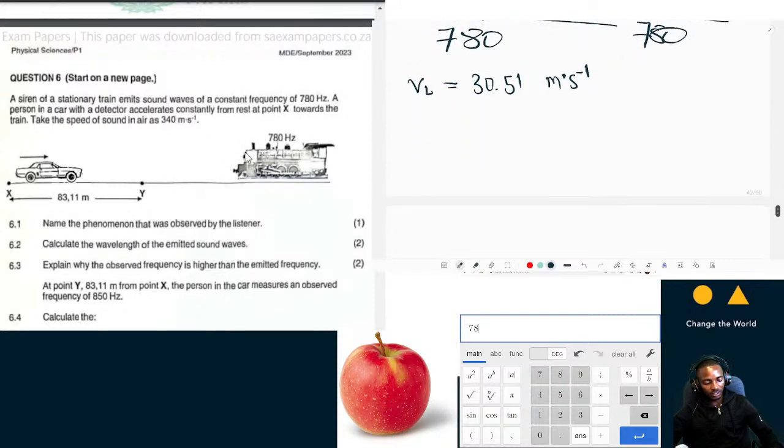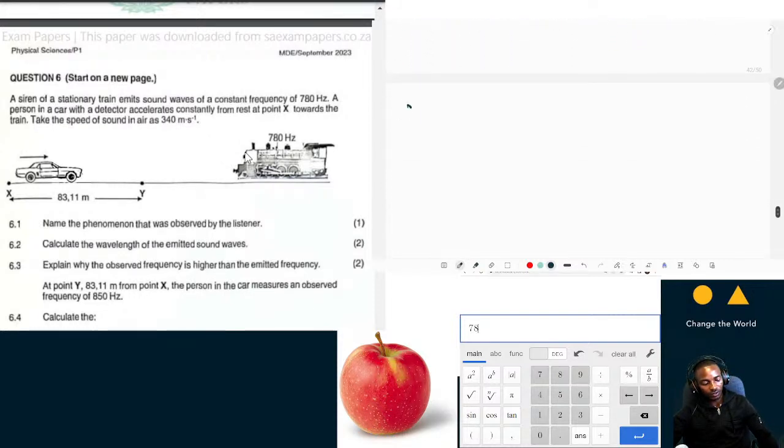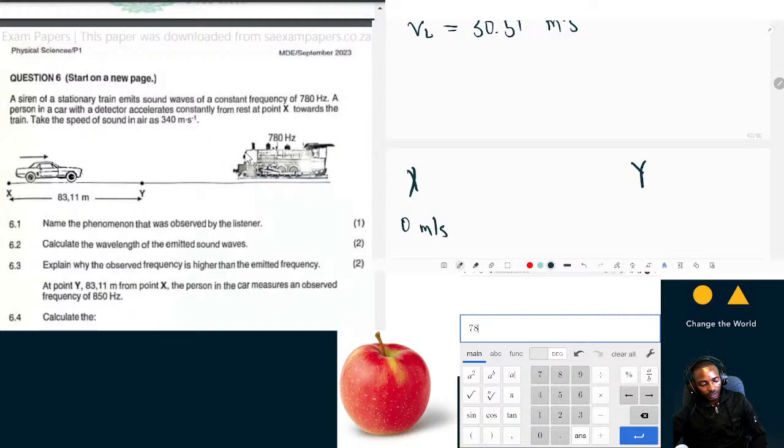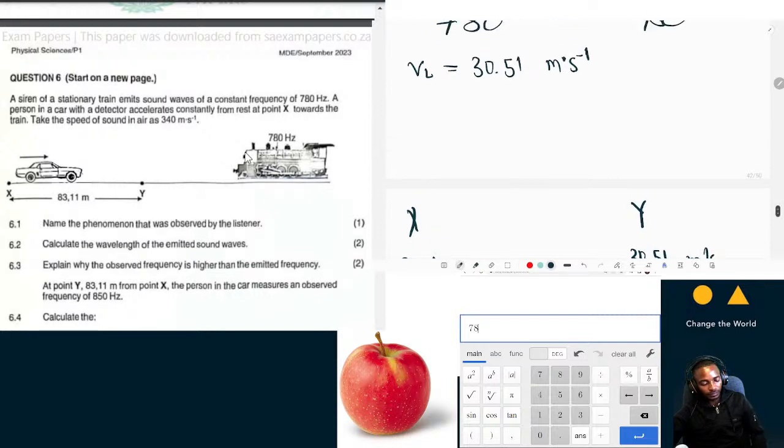Okay, so let's draw this scenario. So we have point X, we have point Y. So the speed of the car at point X is 0 meters per second. Then the speed of the car at Y is 30.51 meters per second.